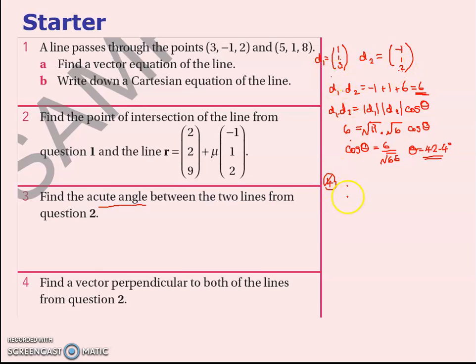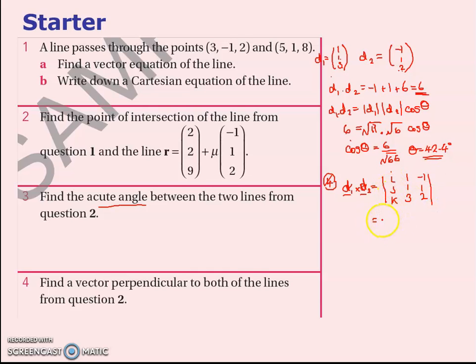That's what we use. And I'm going to find D1 cross D2. And the trick is to go I, J, K, and then put the first vector down here, 1, 1, 3, and then minus 1, 1, 2.